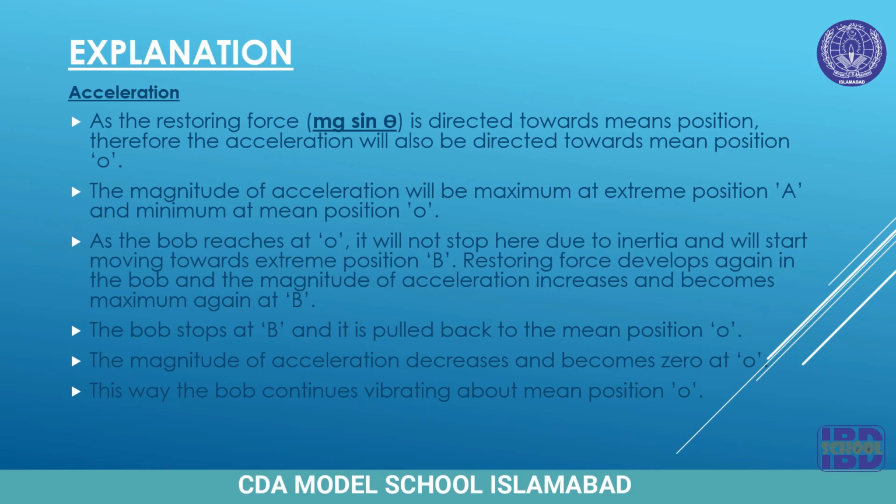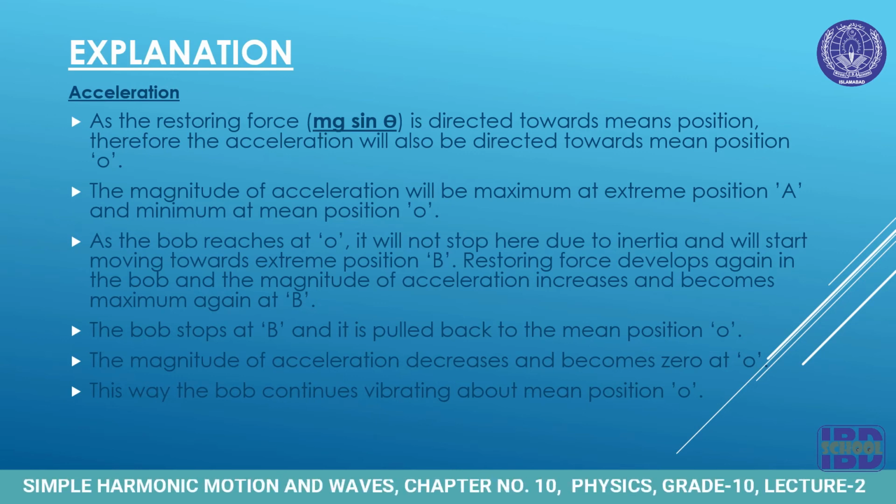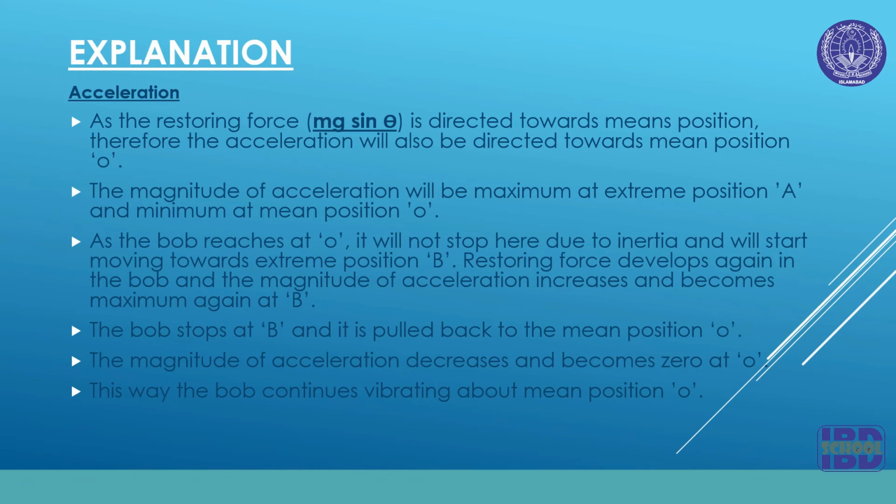Why? Because the restoring force would increase as we move the body from mean position to the extreme position. So its value would be maximum. Restoring force would be maximum at A. Therefore, acceleration would also be maximum.